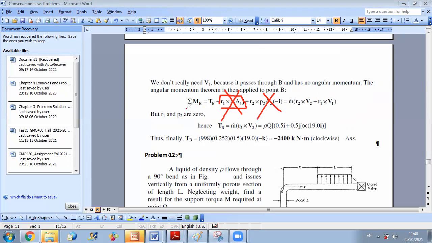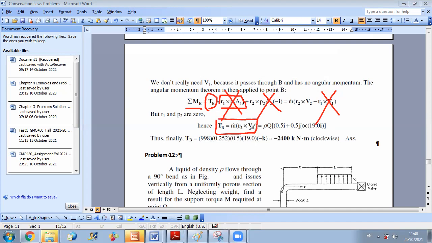So you just have a sum of moments about B, the couple TB, that should be applied at your system. Now, we have seen together that the inlet flux doesn't have an angular momentum about point B. So this term, because R1 and V1 are collinear, R1 vectorial V1 will give us 0. So we end up with the result that TB is just equal to the angular momentum rate at the exit, which is m dot times R2 vectorial V2.